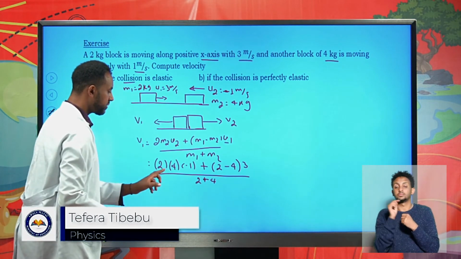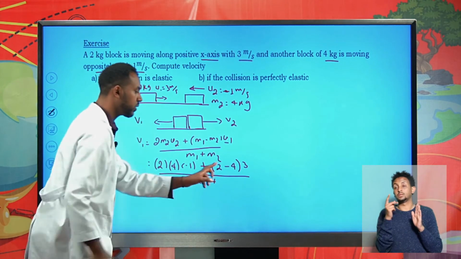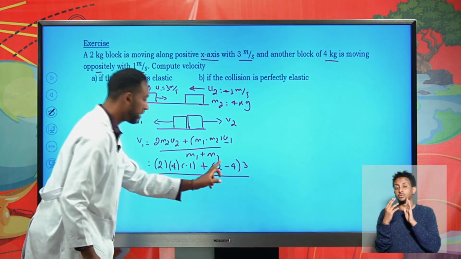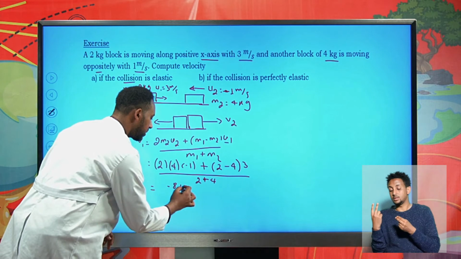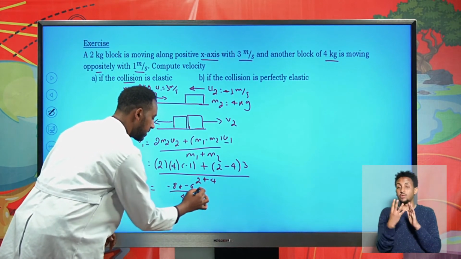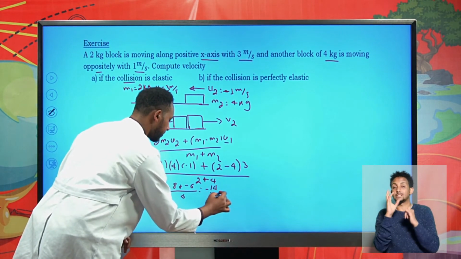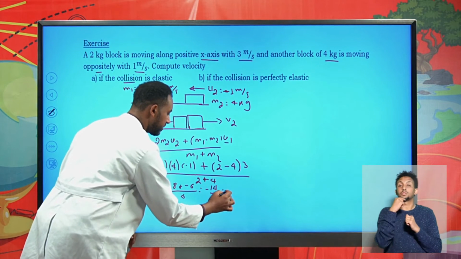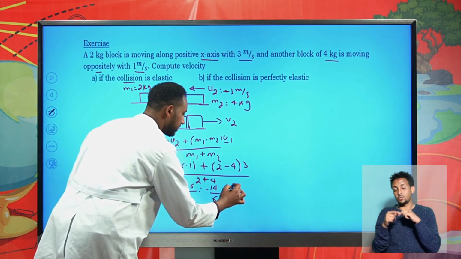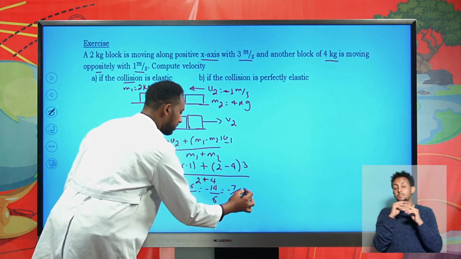Here 2 times 4 is 8, times negative 1 gives minus 8, and here 2 minus 4 is negative 2. Negative 2 times 3 gives you negative 6, over 2 plus 4, which is 6. So when you add these two, it gives you negative 14 over 6. When you simplify this, you have negative 7 over 3 meters per second.